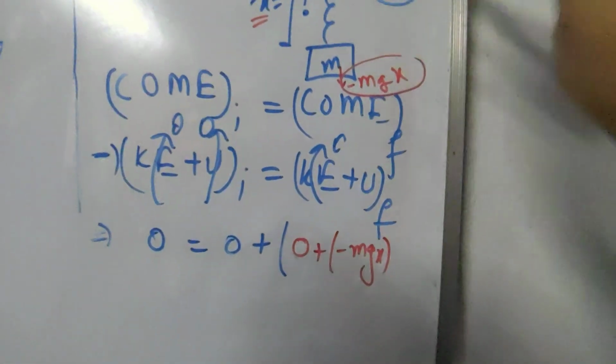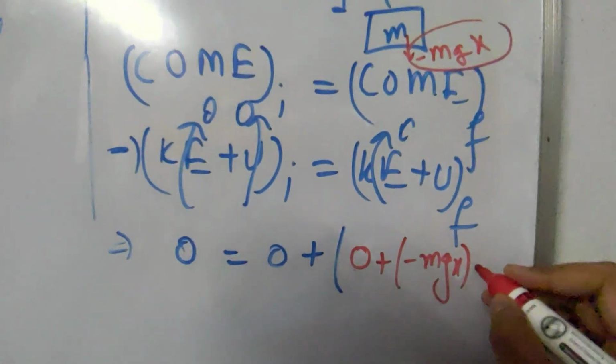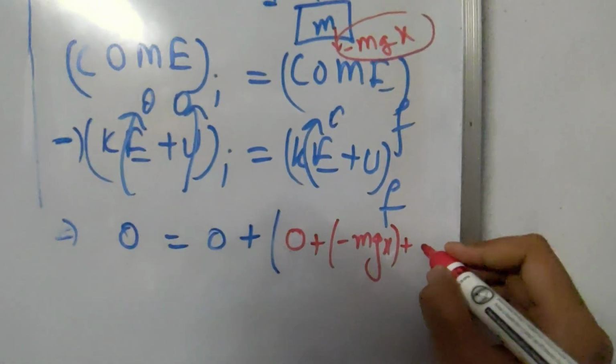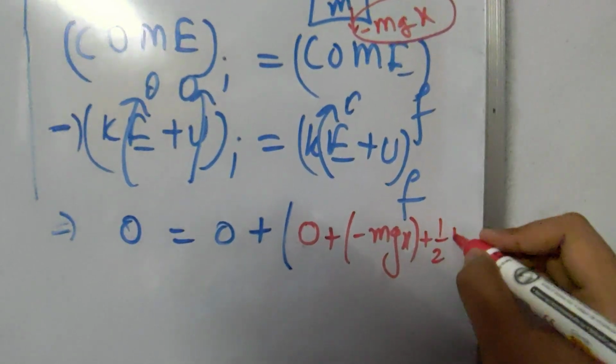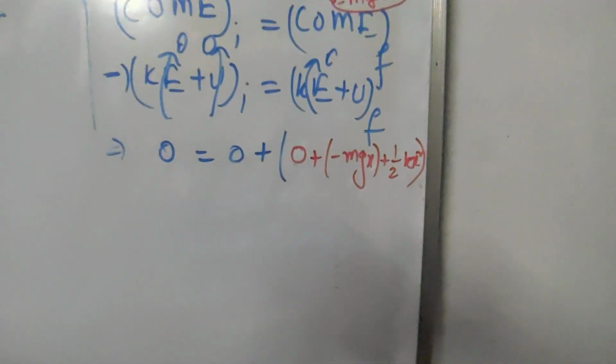and the spring force. The formula for the spring energy is half kx square.